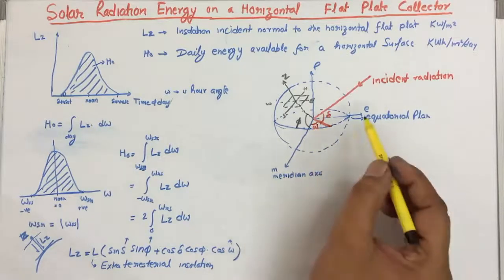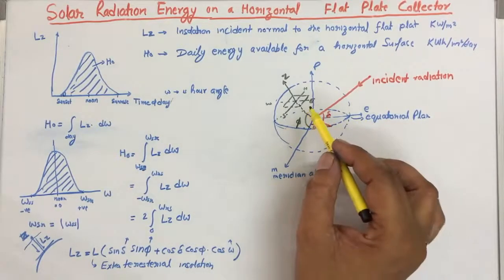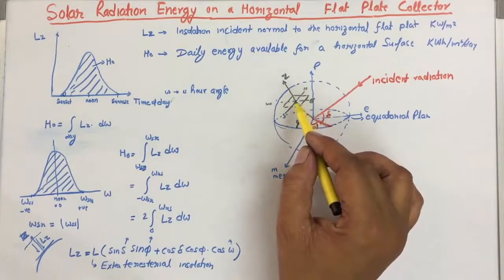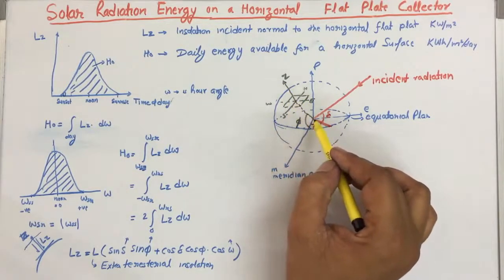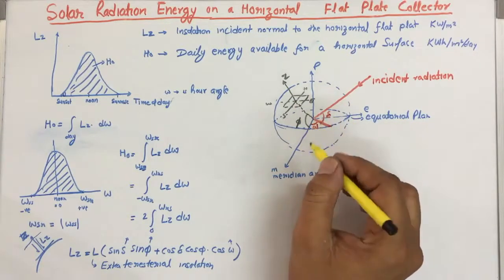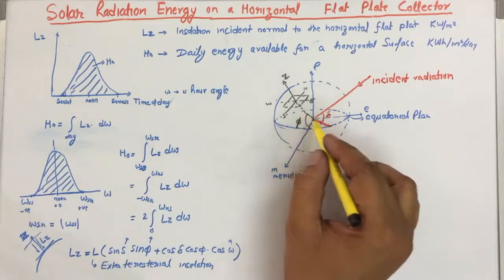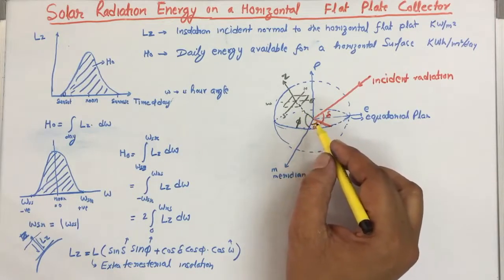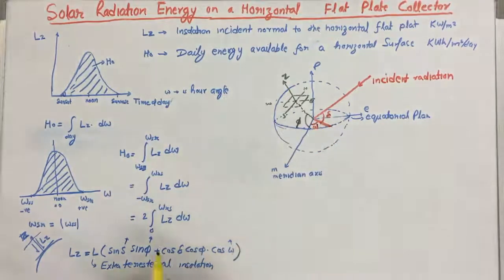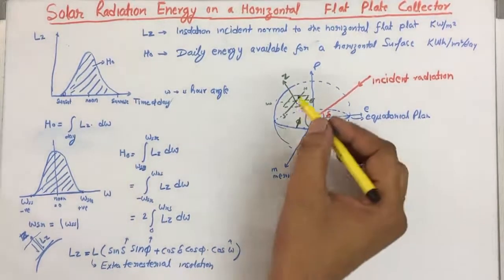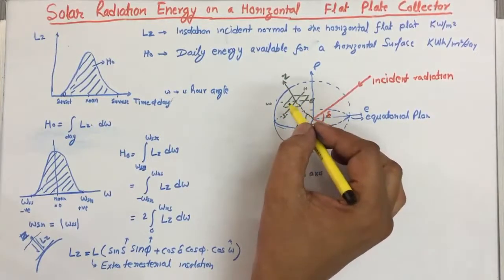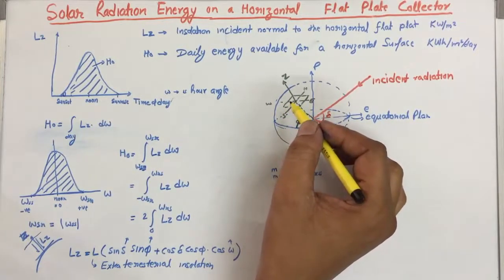So the line that is normal to the collector surface, if we extrapolate that, then the angle between the meridian axis to that line joining to the center is called the latitude angle. So for time being, we will discuss only these few angles. Later, if it is required, then we will discuss else.